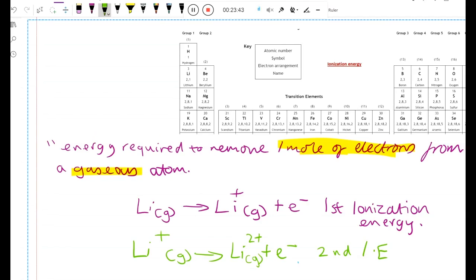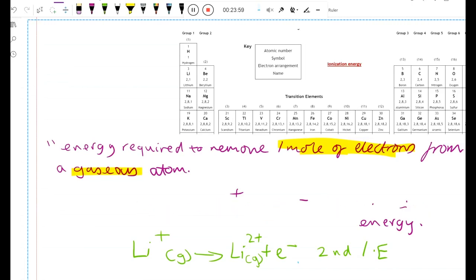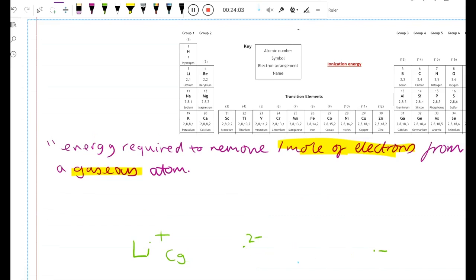What we're now going to do is apply the idea of ionization energy, the removal of an electron, to the periodic table trends. So, leaving the definition up as a reminder, we're now going to apply it down a group and across the period. So, let's go across first of all.